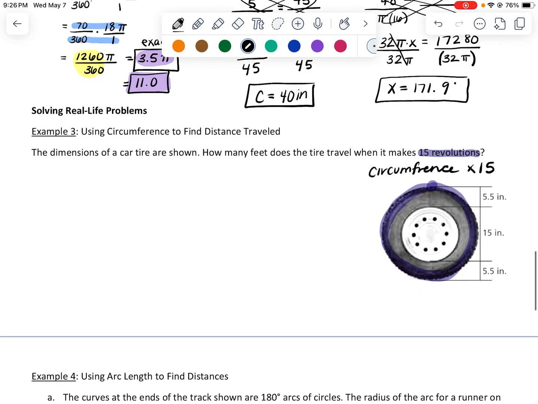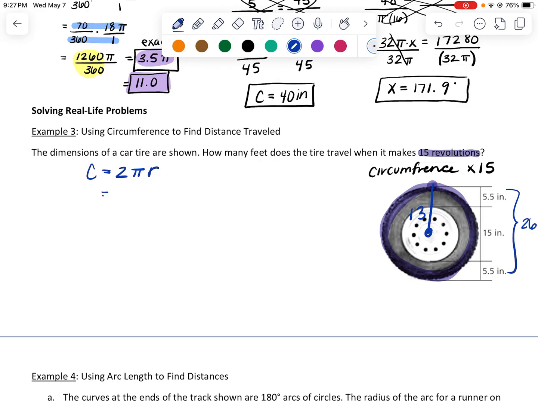Okay, so when we look at this problem, the circumference is 2 pi r. And so I'm looking at this, and we see that the total diameter is 26, so half of that is 13.